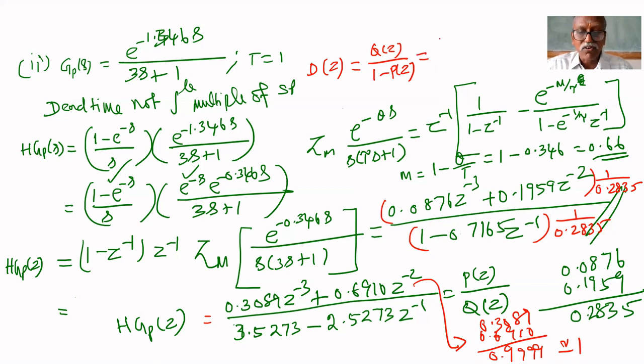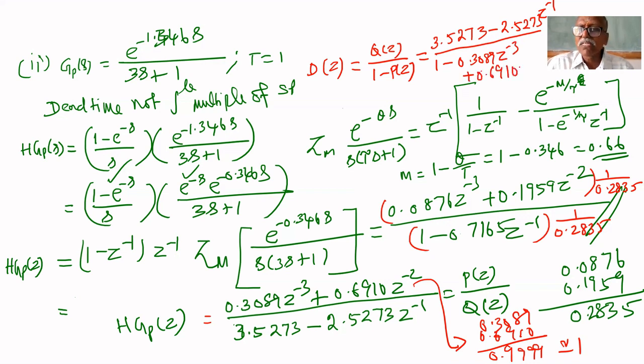Therefore, D of Z equal to Q of Z, that is 3.5273 minus 2.5273 Z power minus 1, divided by 1 minus P of Z: 1 minus 0.3089 Z power minus 3 minus 0.6910 Z power minus 2. Why minus?